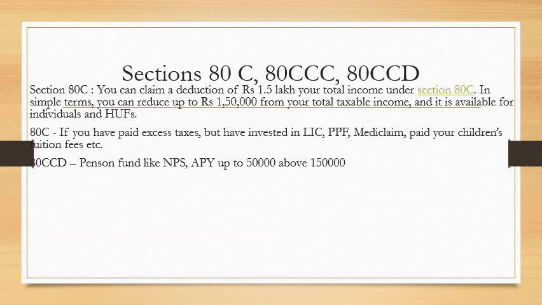80CCD is for pension funds like the National Pension Scheme, NPS, and Atal Pension Yojana, and up to 50,000, above the 1,50,000, you can claim the tax rebate. My sincere suggestion to you, it's a wonderful system, APY. You have to start this APY before you reach 40. So before or after 35, please apply for this APY and pay the prescribed premium, and it's a wonderful pension plan.